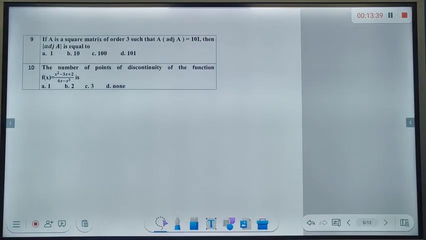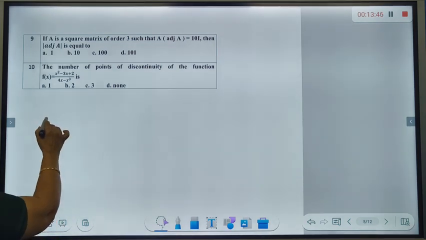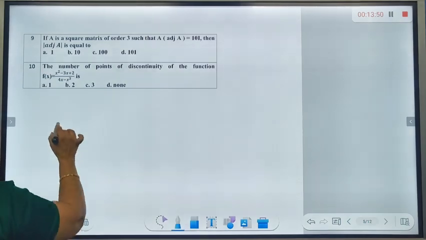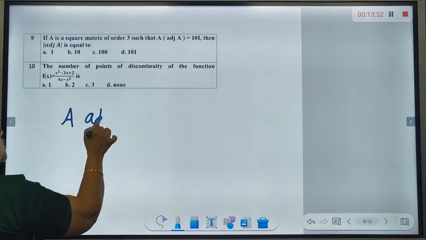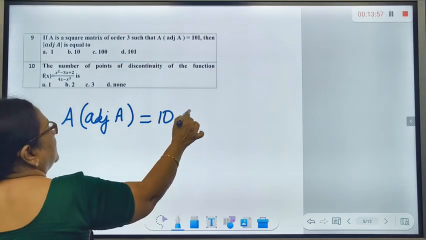Consider the problem. A is a square matrix of order 3 such that A into adjoint of A is 10I. So we have A into adjoint of A equal to 10I.